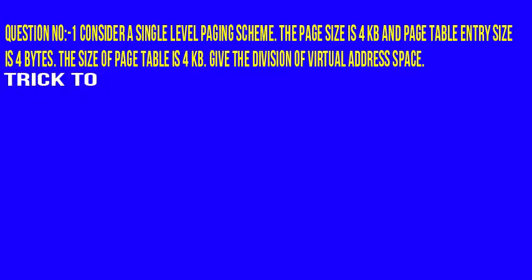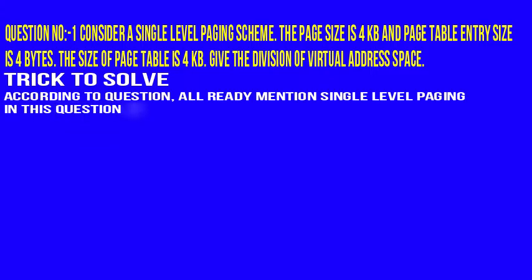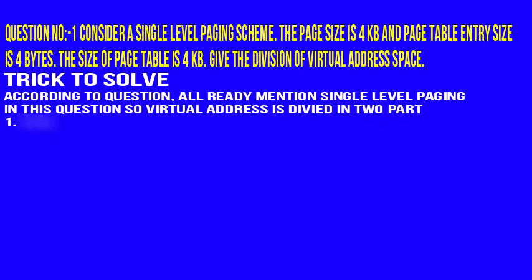We know that according to the formula, the virtual address space is divided into two parts in a single level paging scheme: one part is called page number, another part is called offset. In this question, we need to find the virtual address.